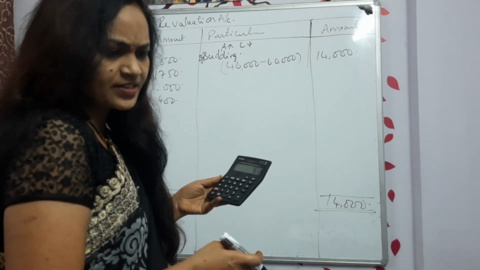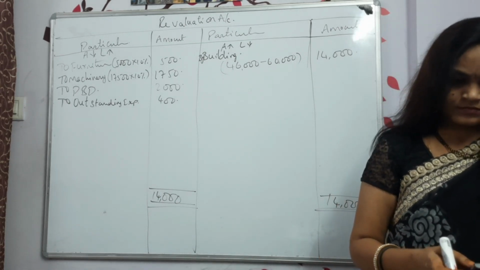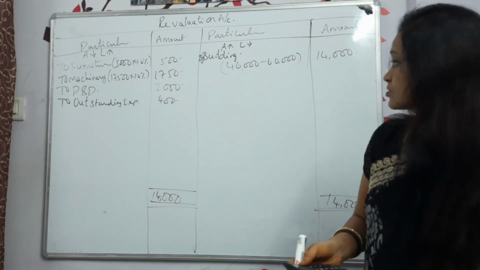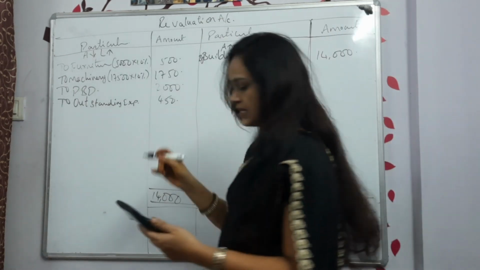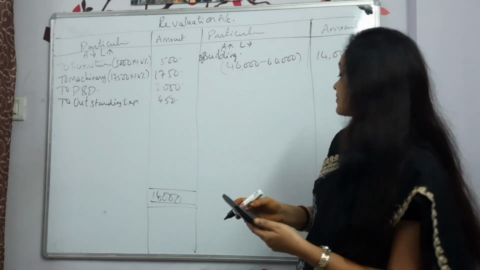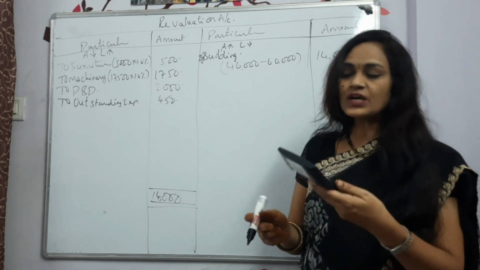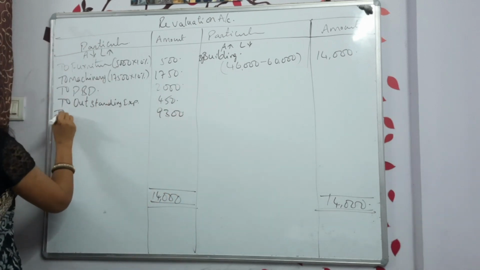Now let's subtract. 14,000 minus 4,700, then how much will you get? 9,300. This should be shared between the partners.